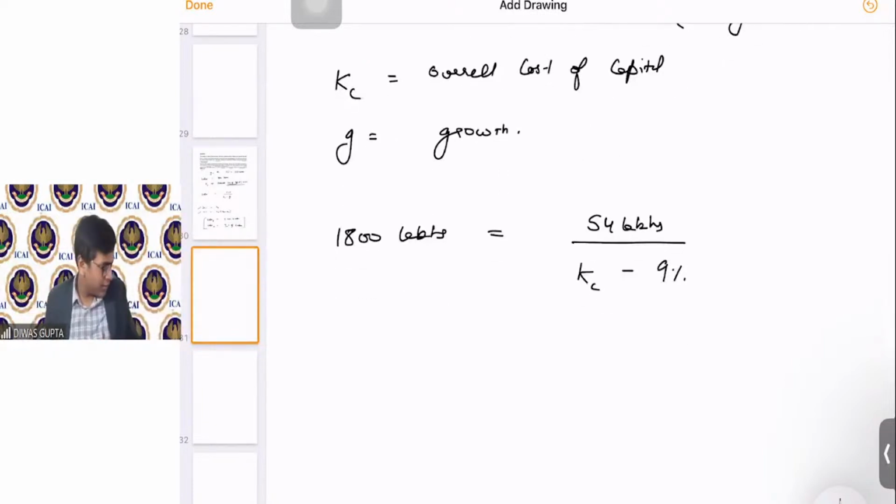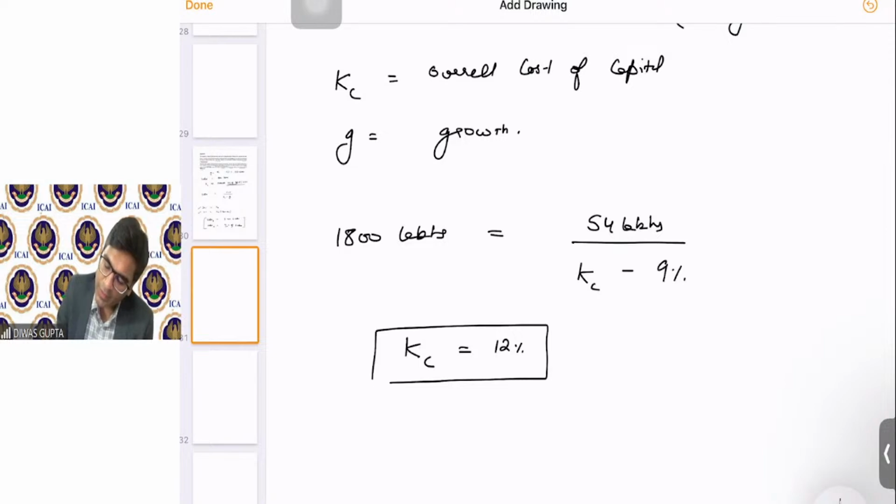So if we substitute these things, it becomes 54 divided by 1800, which is 3%, plus 9%. So in totality it is 12%. The overall cost of capital is coming out to be 12%, students.